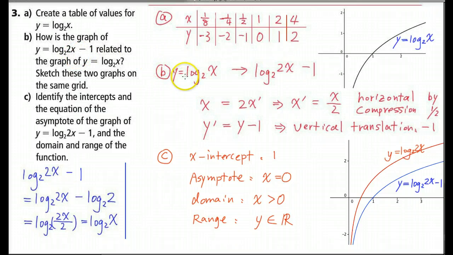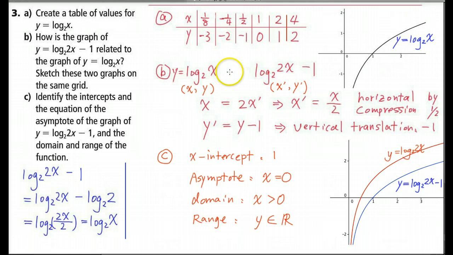Okay, and then we can just see how the transformation is going to happen. We first identify that x goes to 2x. If there's any point (x, y) on the original function, then we should have a point (x', y') on the new function.